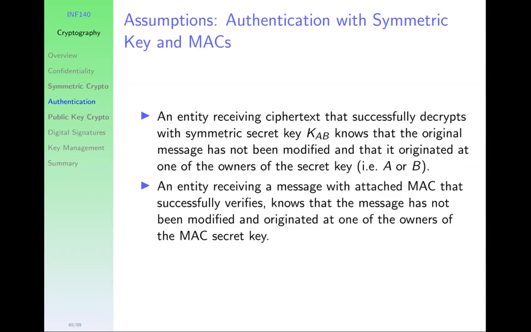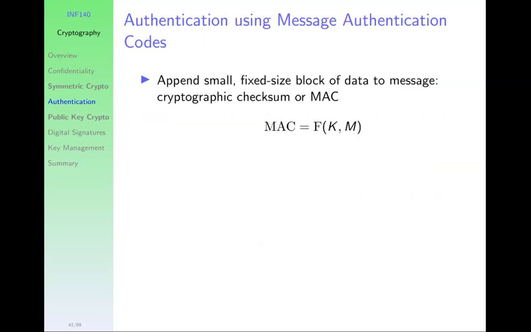If the receiver receives a message with an attached code, a MAC tag, then based on a verification process, the receiver can be sure the message has not been modified and can be assured it was originally sent from the intended sender. That's the idea of a message authentication code. Let's take a look at it.